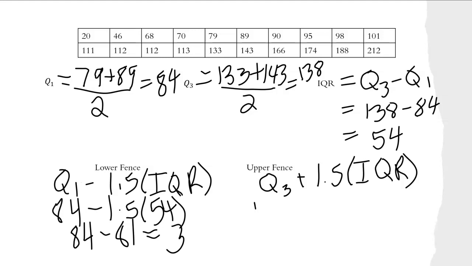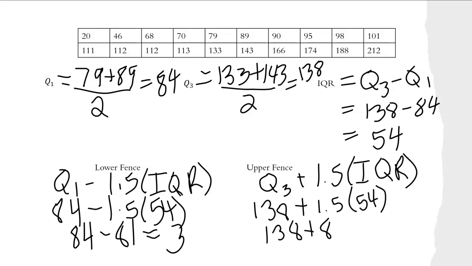And then your Q3 is 138 plus 1.5 times 54. And we just found out that 1.5 times 54 is 81. So you add 138 and 81, and you get 219. So your lower fence is 3, your upper fence is 219.